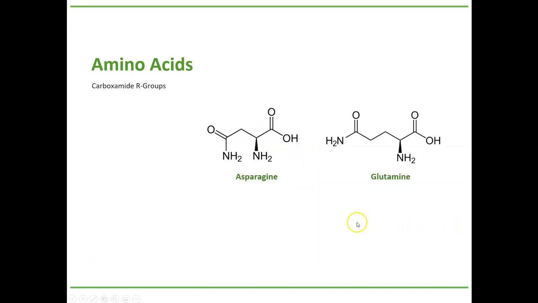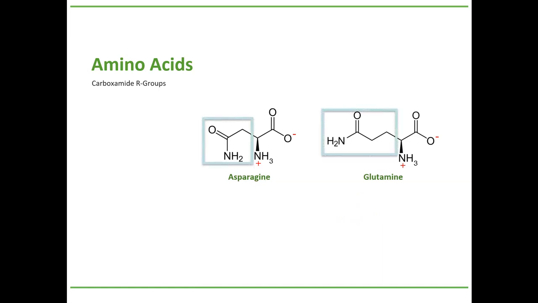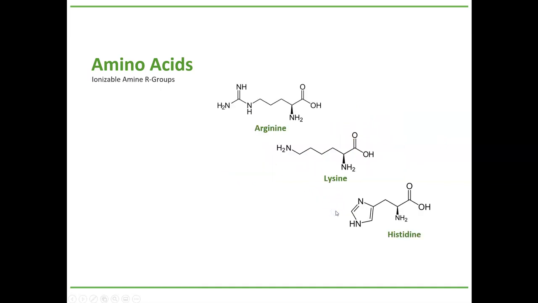And we also now have carboxamide, so that amide functional group that is shown here. Asparagine and glutamine are those groups with those side chains, those R groups. And these, at normal physiological conditions, are not going to be ionized or charged in any way.